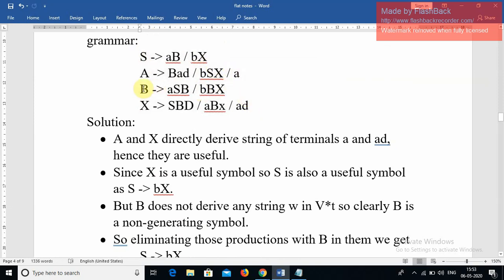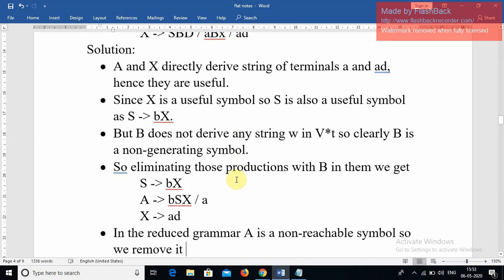Here we have a B, here we have a B, and here also we have a B. So by removing all B productions and the production rules which contain B, we finally get the grammar like this: S to bX, A to a, X to AD. Here we don't have any capital B non-terminal, which was a non-generating symbol.